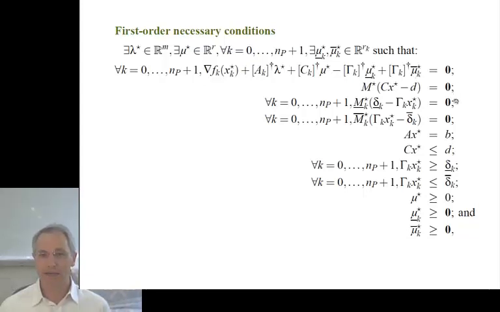The next three sets of rows are complementary slackness on system inequality constraints and generator constraints respectively. The next two constraints are the system equality and inequality constraints, then the generator inequality constraints, and finally the non-negativity constraints on Lagrange multipliers.